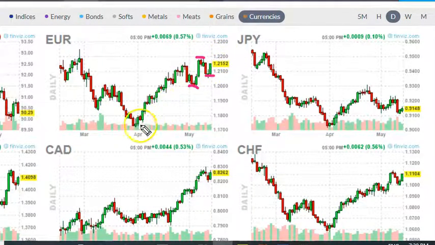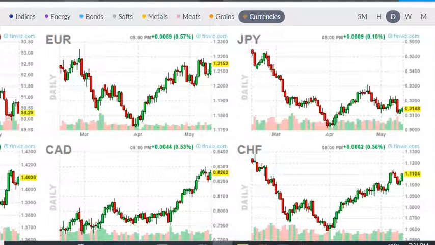So we are generally in an uptrending pattern for the euro, and again, that means strength. So strong against the weak of the US chart, which I just showed you a minute ago.